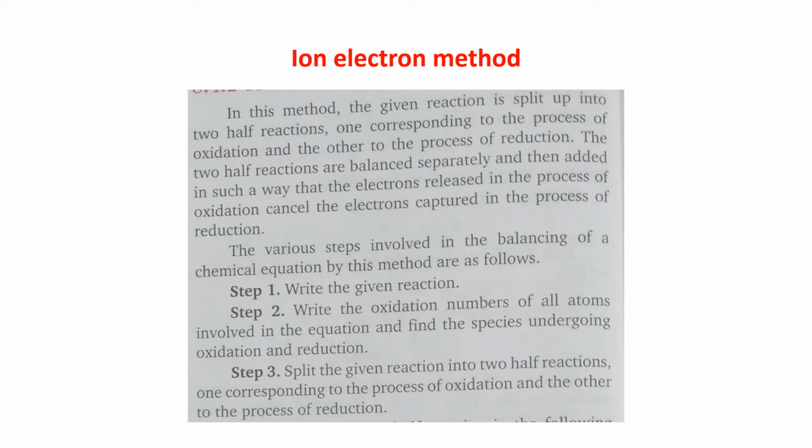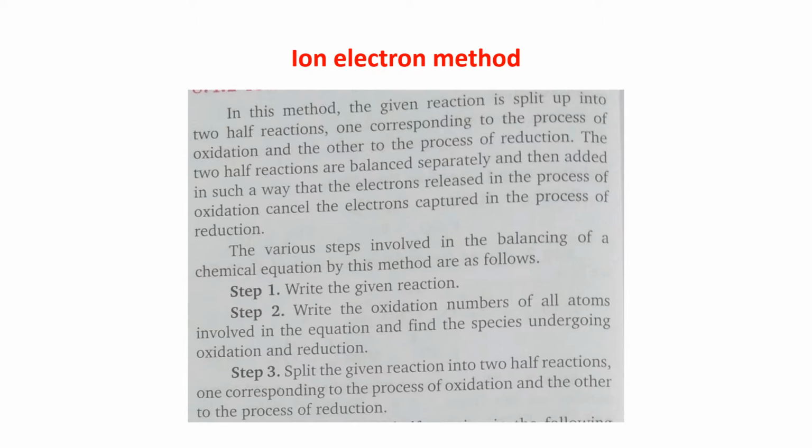Similar to the oxidation number method, the ion electron method also has some rules. Let us first see what rules are involved. In this method, the given reaction is split up into two half reactions, one corresponding to the process of oxidation and the other to the process of reduction.